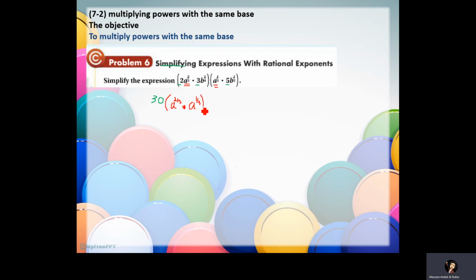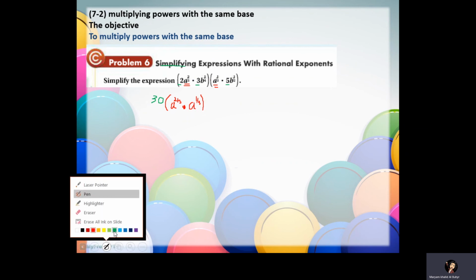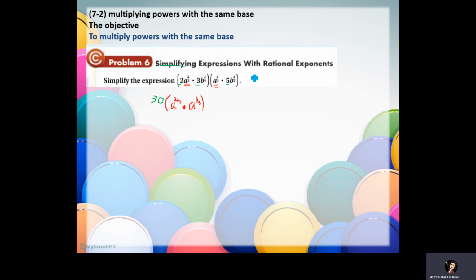Okay, they are the same base. I can add their powers, but step by step, let me write them beside each other. Now the B's. This B and this B, I will write them beside each other. So that is B to the power 1 over 4, times B to the power 1 over 2.